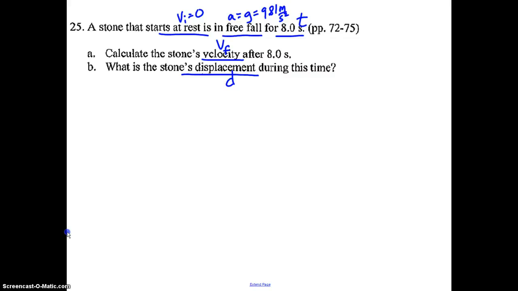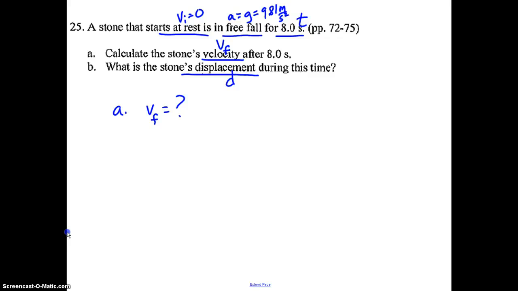Okay? All right, so for A, we're looking for vբ. So knowing vᵢ is 0, our acceleration and our time, what makes sense here?